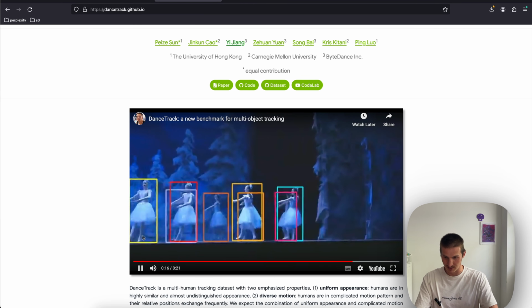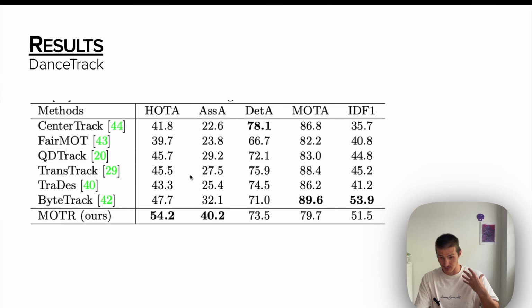And this is exactly what we see on the leaderboard. Here, MOTR actually managed to outperform and become the state-of-the-art, although I don't believe that TrackFormer actually tried to evaluate on this one. Maybe it would beat them as well.